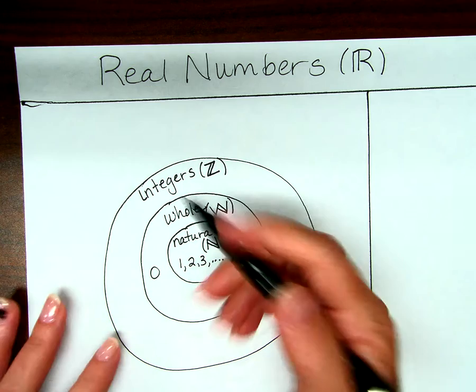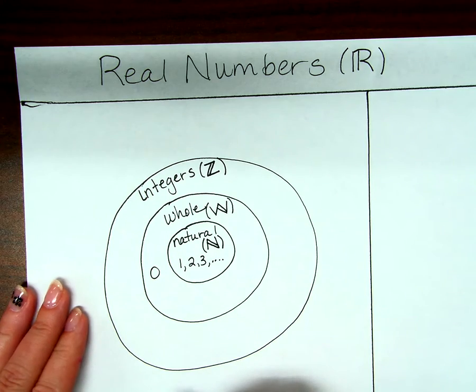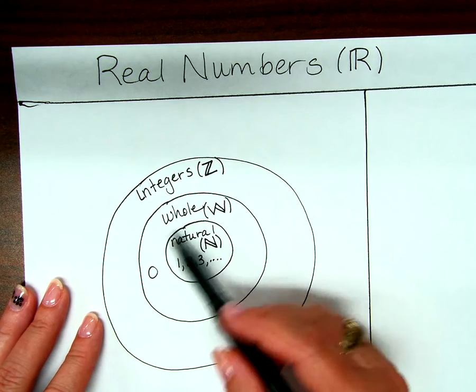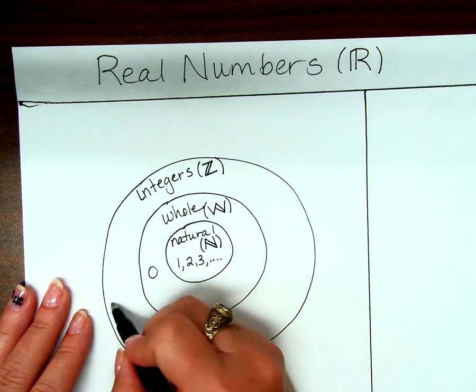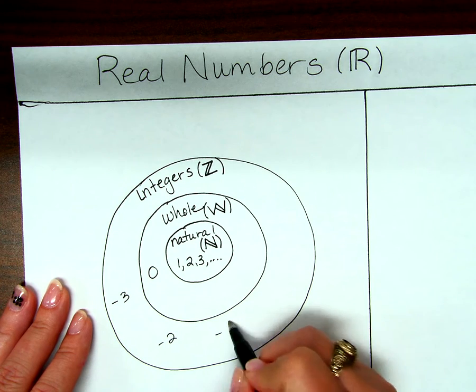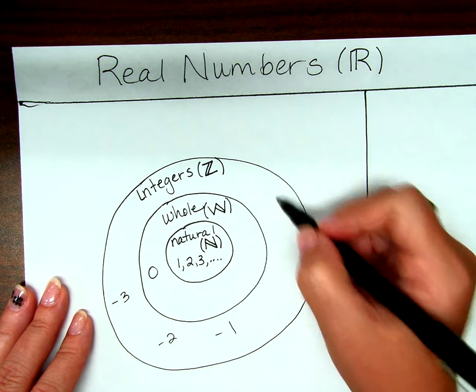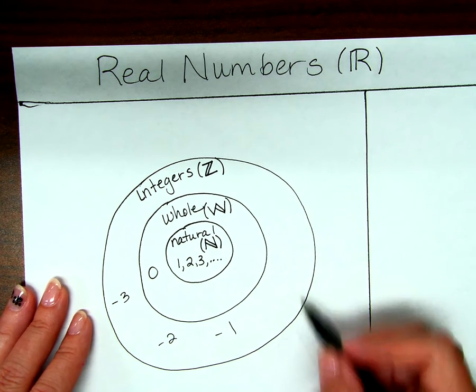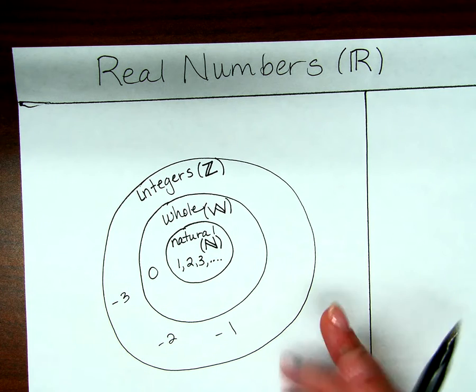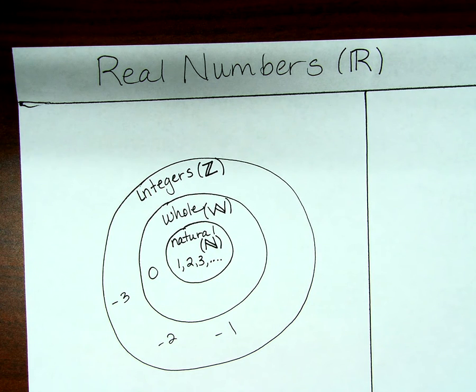So integers, what are we missing? What do integers entail besides natural and whole? Negatives, right? So -3, -2, -1, -7, -12. All the negative numbers, right? Sometimes people will say negative whole numbers, but that's not really quite right. Those are actually integers.